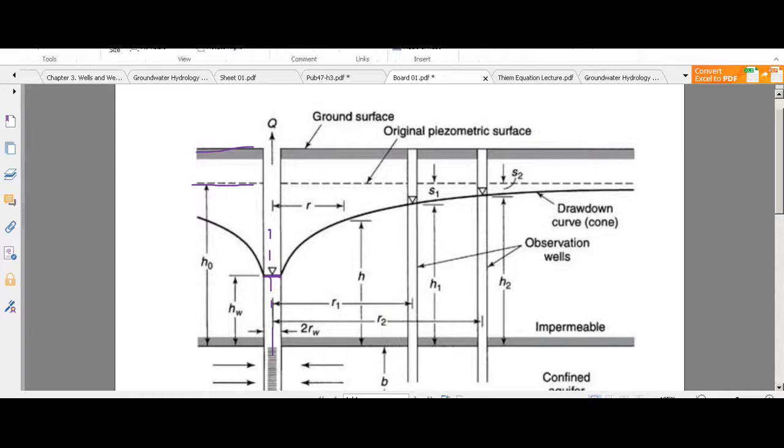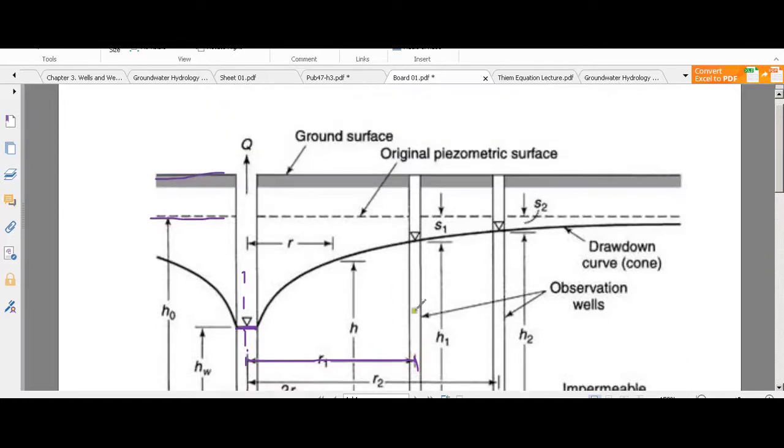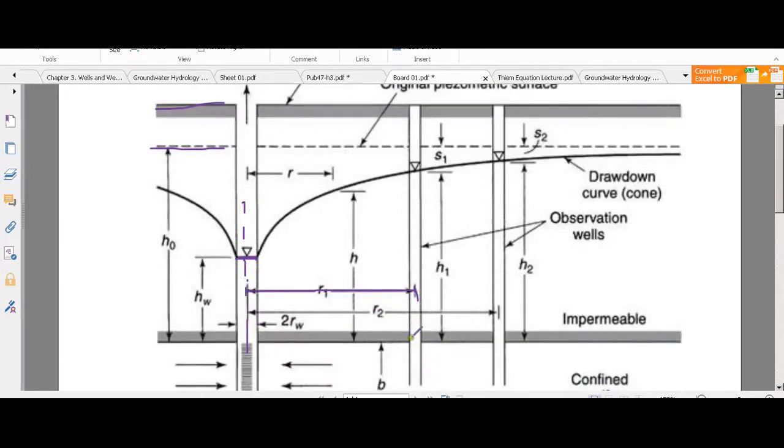This is something related to the measurements, right? Somewhere like here, okay? So you are going to connect the absolute center lines of this well and this well, so it doesn't matter. Now you are going to measure some horizontal distance r1 from this center line, and start measuring from the bottom surface up to the point where it intersects with the drawdown curve.